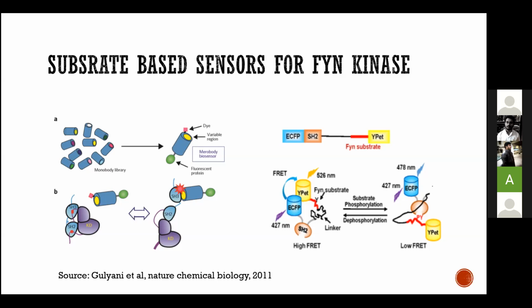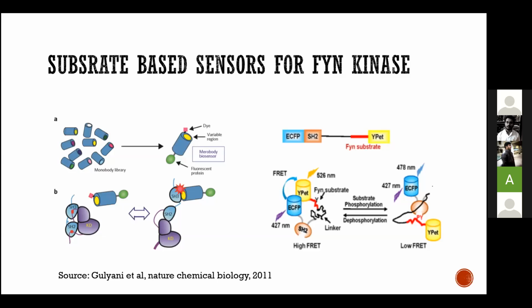The SH2 domain was there to get phosphorylated, which makes it inactive. You can see on the right side that when you phosphorylate, it sort of gets inactive. You can still see some spectrum, but it's not FRET.